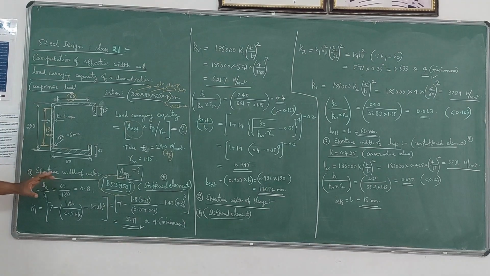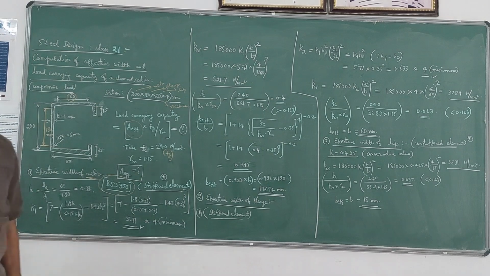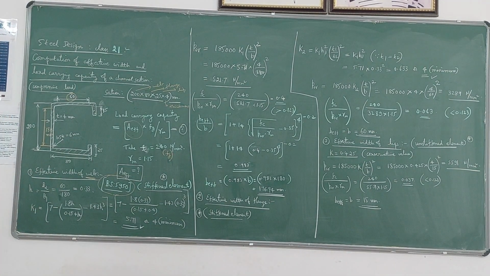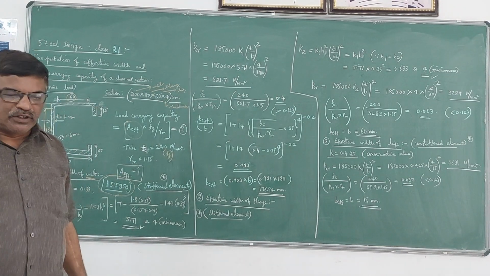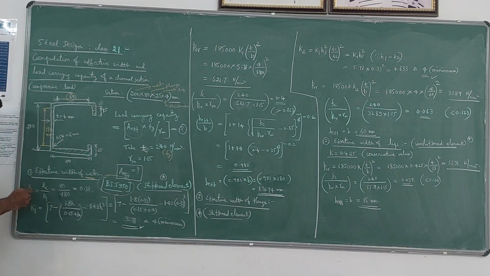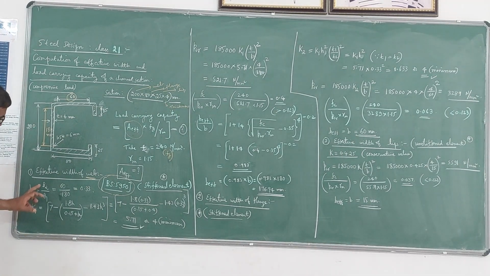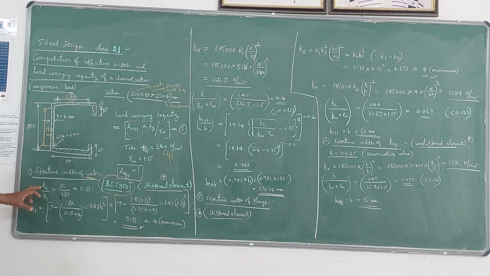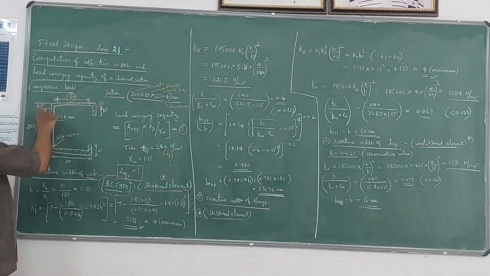Now first I will take up the web portion. So we will calculate the effective width for the web portion. For calculating that, in the earlier video I have explained the equations which we have to use for calculating the effective width using this British code. We have to compute a parameter called h, which is given by B2 by B1. So B2 is this 60 and B1 is 180.